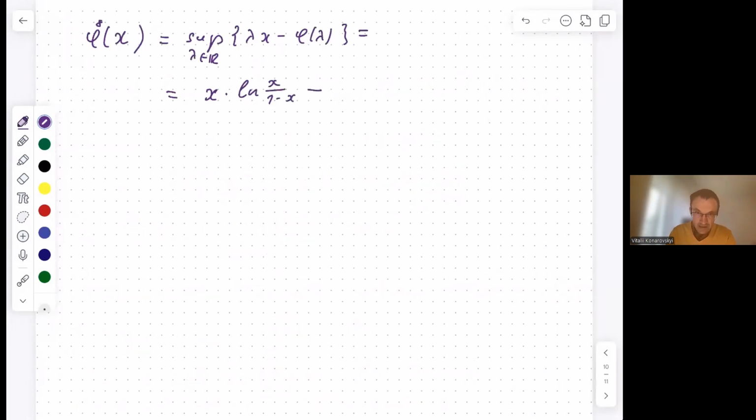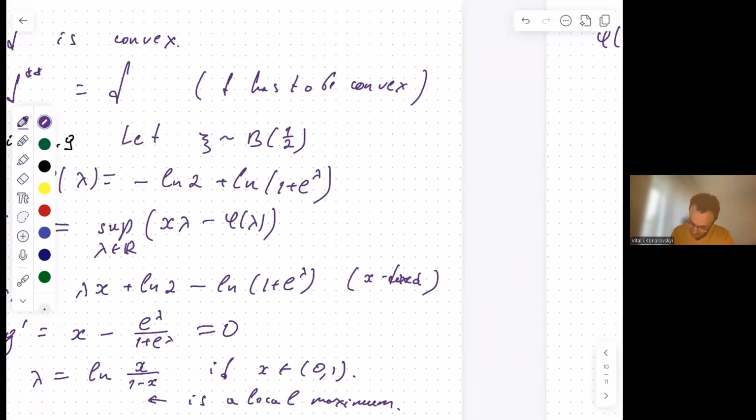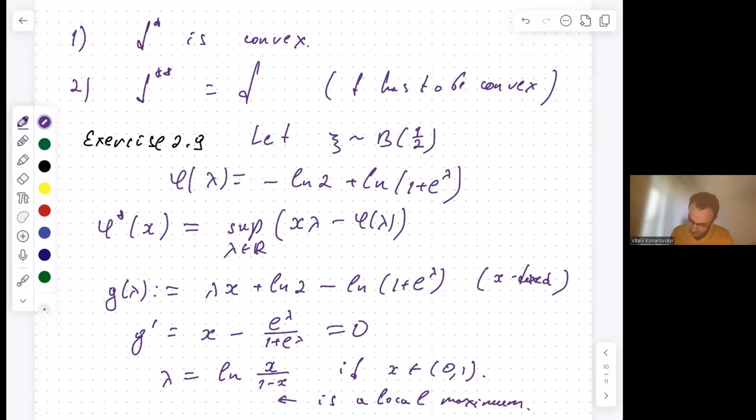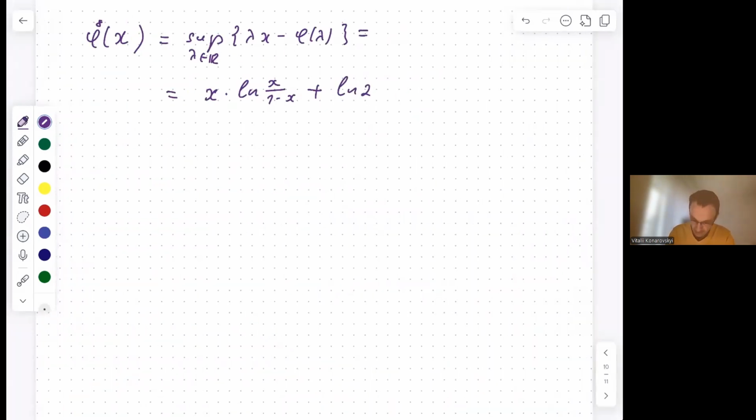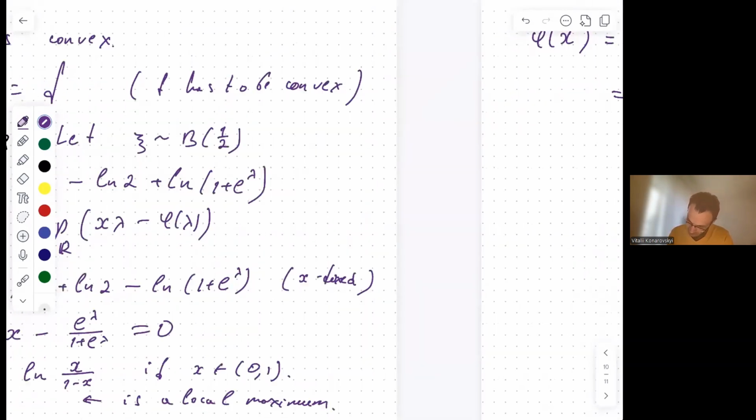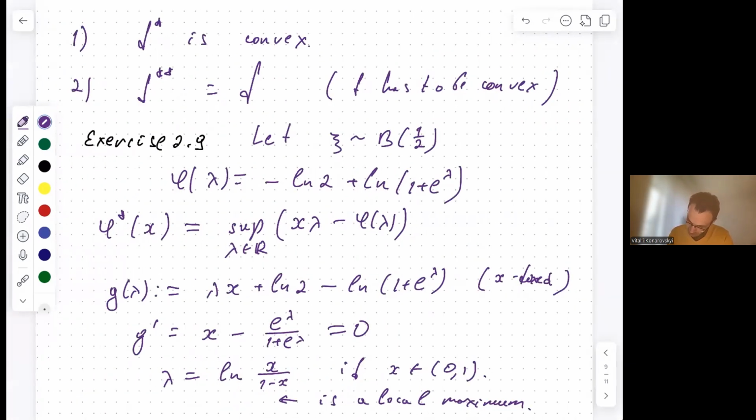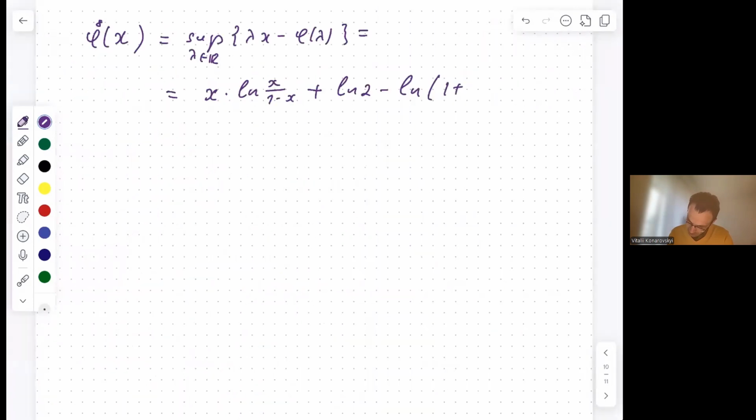And then you need to plug that function into the function phi, which is given by minus logarithm 2 plus logarithm 2, and then minus logarithm 1 plus e to the power lambda. It is 1 plus e to the power logarithm, which gives you just x over 1 minus x.